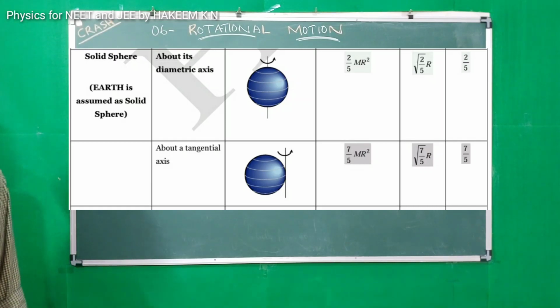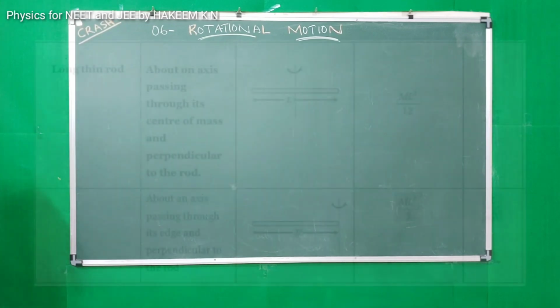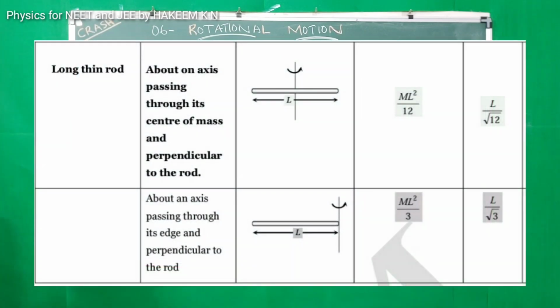That k square by r square, 2 by 5, you also have to try to learn by heart. About a tangential axis we can find using the parallel axis theorem: 2 by 5 Mr square plus Ma square, where a equals r. Calculating, we get 7 by 5 Mr square.